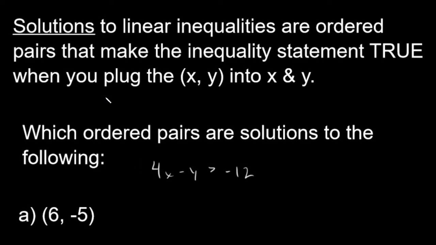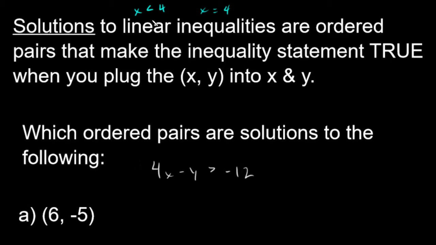An inequality has got lots of solutions. Think of some basic inequality, like x less than 4, right? Well, there's not just one solution to that. If this was x equals 4, then x would just be 4, right? That's what x has to be.